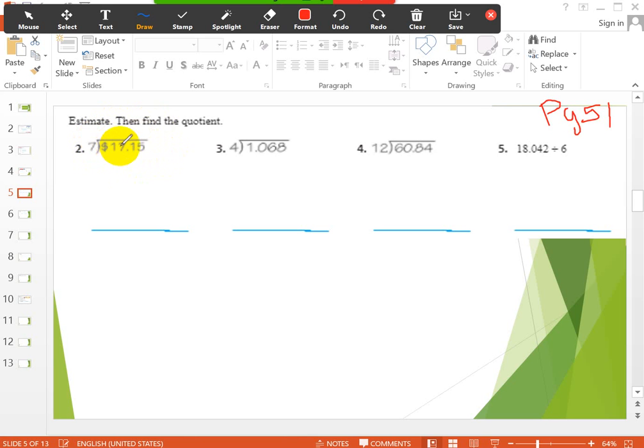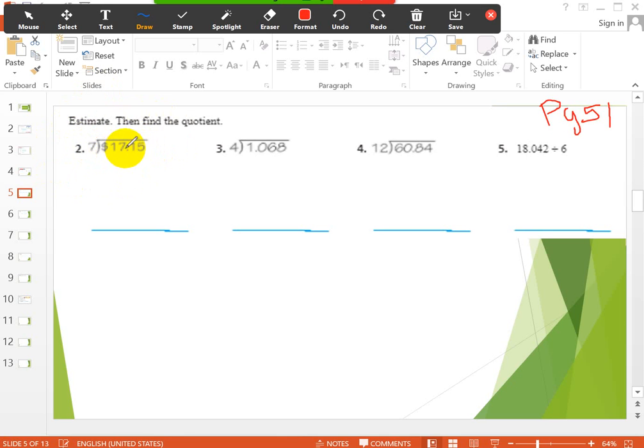So what is the nearest number to this number that I can divide on 7? You have to think about it. Very good, Farah. The number is 14. Yes. The nearest number that I can divide on 7 is 14.